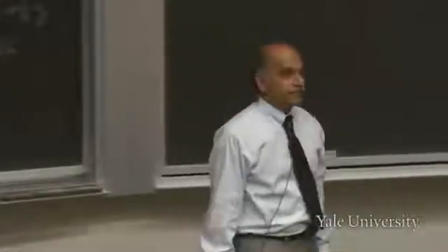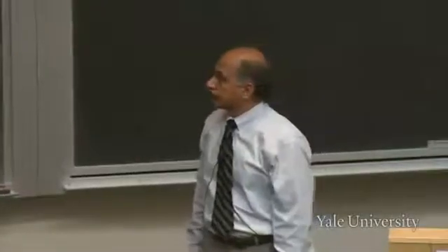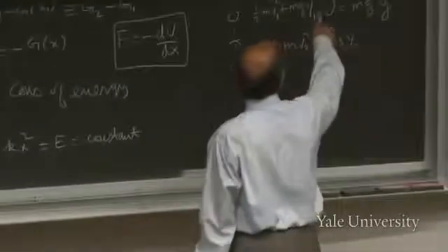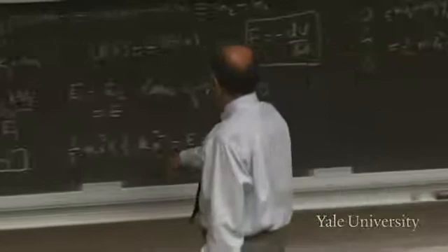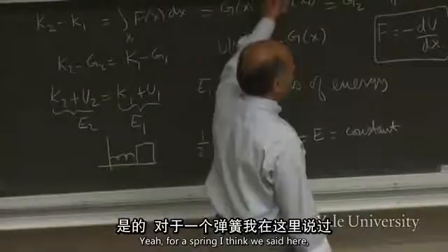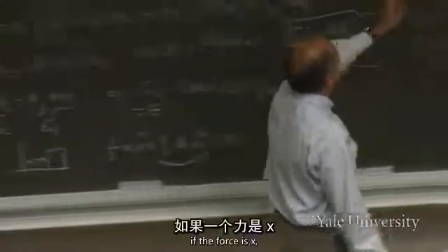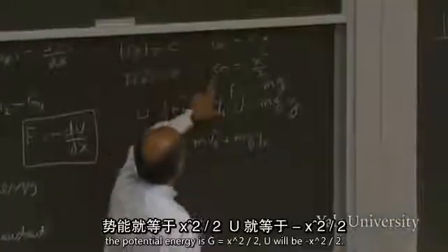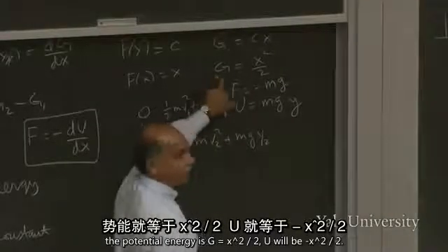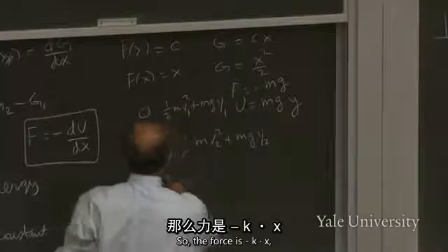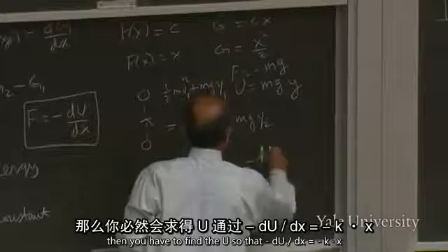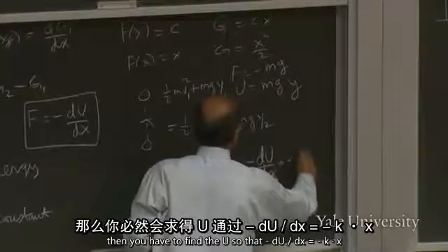Yes? Could you just explain really quick how you got the 1/2 in front of the kx squared for the energy? Let me see. Here? Down at the bottom of the center, yeah. Here? Is it just because of the integration? Yeah, for a spring, if the force is minus kx, then you have to find a U so that minus dU/dx is equal to minus kx.